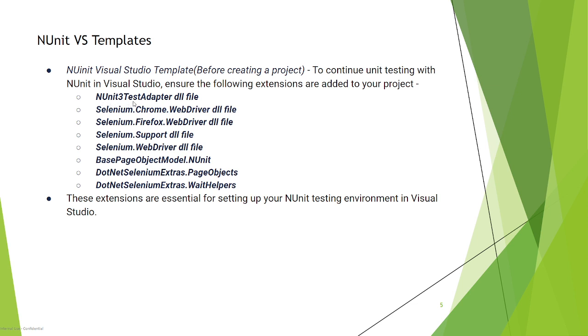Something like NUnit 3 test adapter DLL files, Selenium.WebDriver.ChromeDriver, Selenium Firefox WebDriver, Selenium.Support, Selenium.WebDriver, base page object model, .NET Selenium Extras, .NET Selenium Extras WaitHelpers, and page objects. These extensions are useful for setting up your NUnit test automation framework or environment in Visual Studio. Where will you get these extensions? Normally, they get downloaded by NuGet package manager automatically.